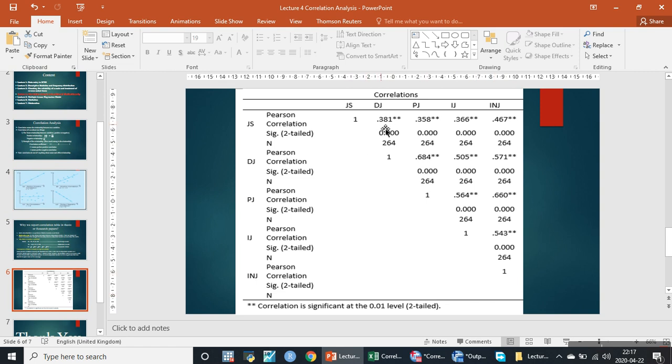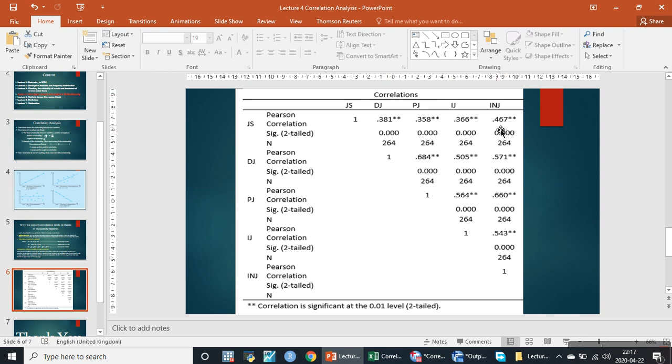So here 0.38 means the strength of the relation, and there is a positive sign. It means that there is a positive relationship between distributive justice and job satisfaction. However, we are interested in the relationship between the independent variables. We will just check whether there is any relationship between two variables whose strength is more than 80%.